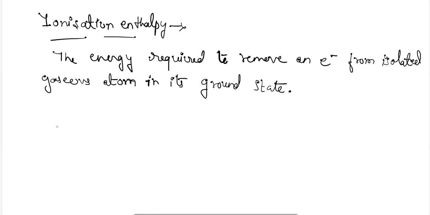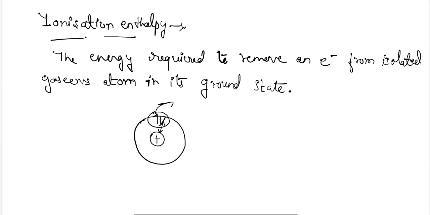What is the reason behind that? After removal of the first electron, what will happen? Let's say this is an atom. Here two electrons were there in the first shell. So we have removed the first electron from here. After the removal of the first electron, the effective nuclear charge on the second electron will be increased. Due to this reason, the second ionization energy for the second electron will start to increase, and hence it will be more difficult to remove that second electron.